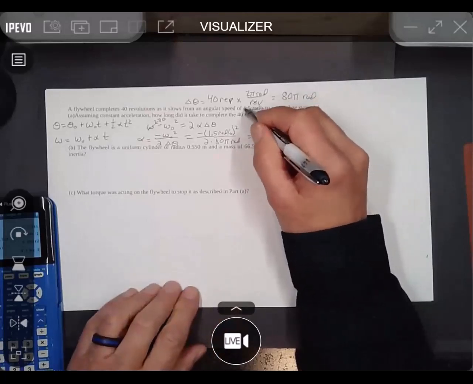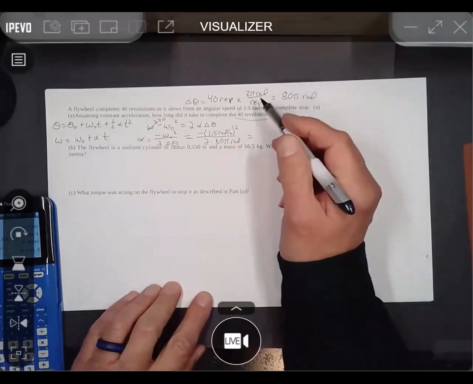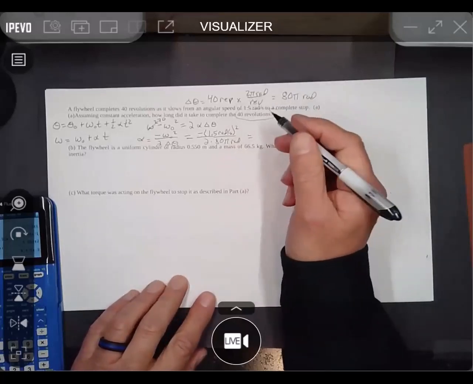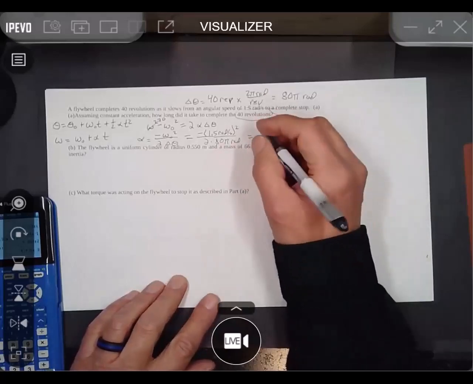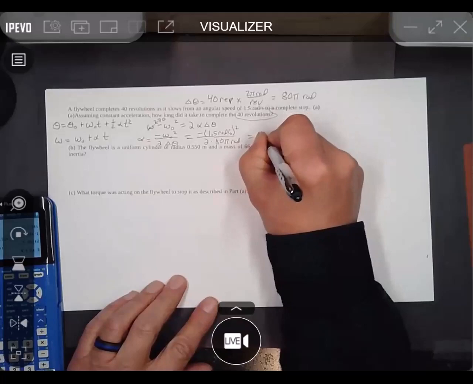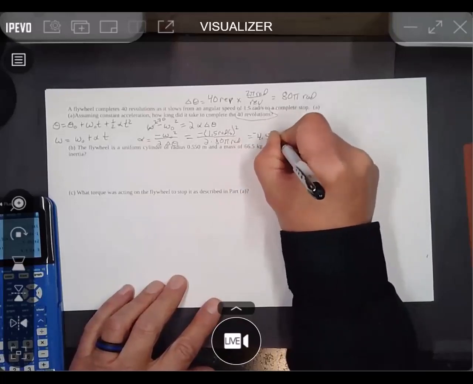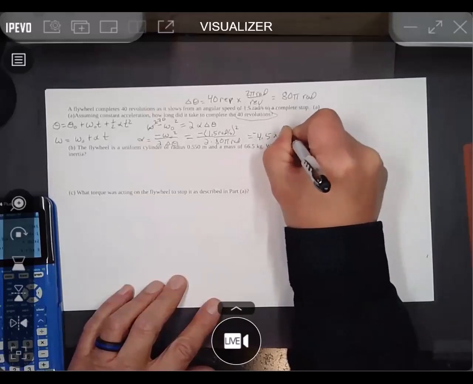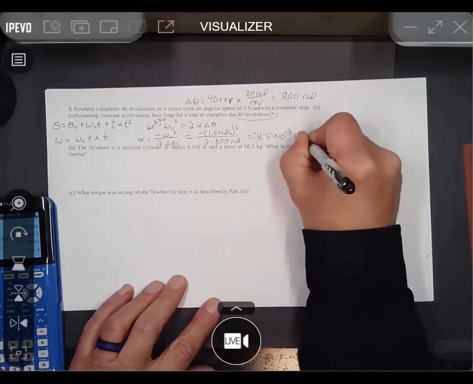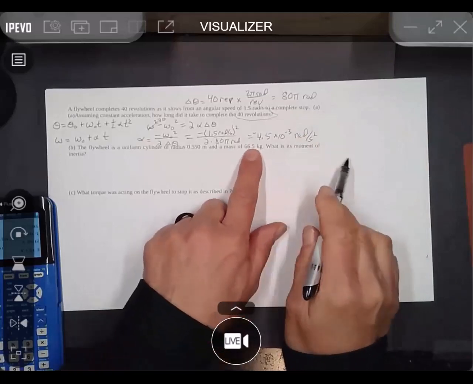I'm going to assume these 40 revolutions were exact. Otherwise, we're down to just one significant figure, and those are never very interesting. But I would get minus 4.5 times 10 to the minus third radians per second squared. So that was the angular acceleration.